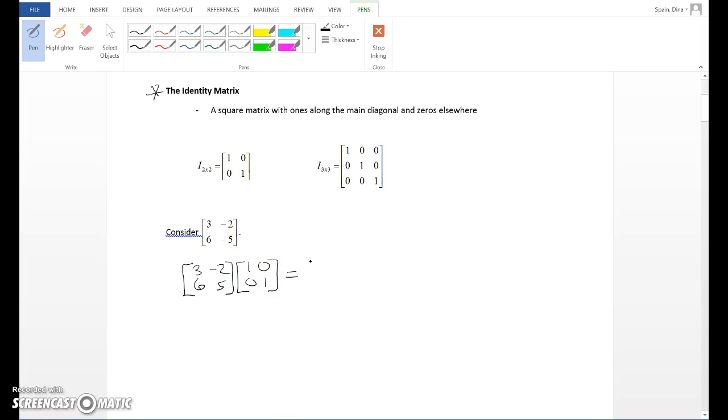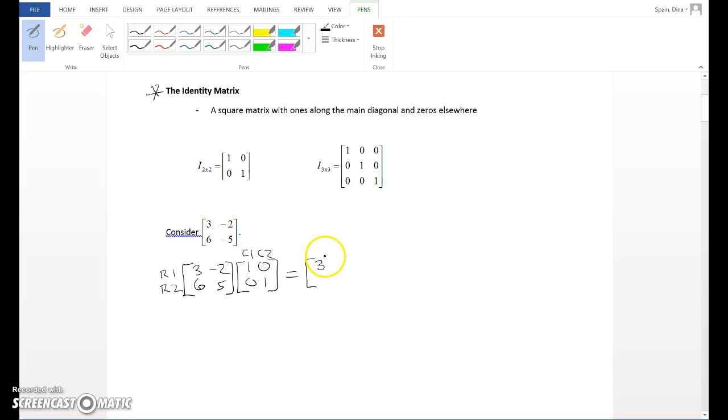Okay, we did matrix multiplication in 2.5. So remember, we're going to multiply these with dot products. We're going to take the rows of the first matrix dotted with the columns of the second matrix. In the 1, 1 position of our product matrix, we're going to dot row 1 with column 1. That's 3 times 1 is 3, plus negative 2 times 0, which is 0, so that's just going to be a 3.